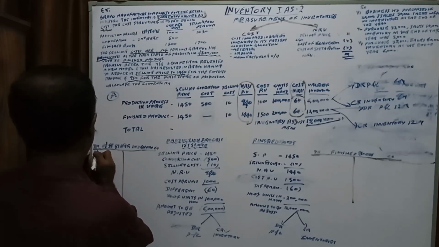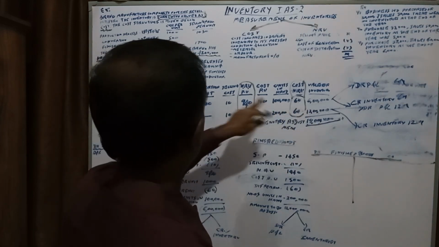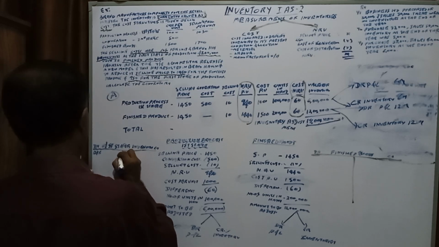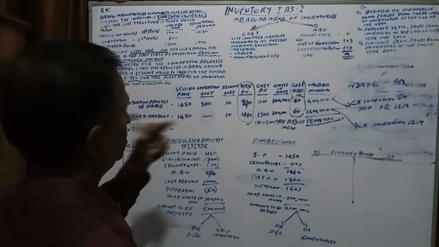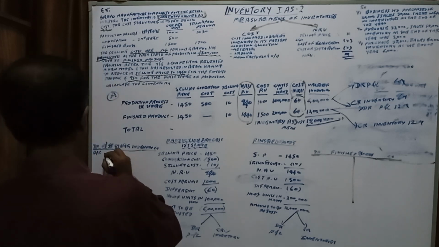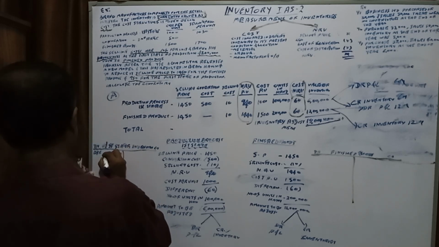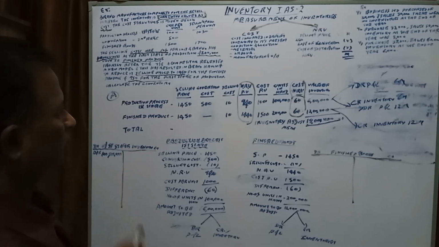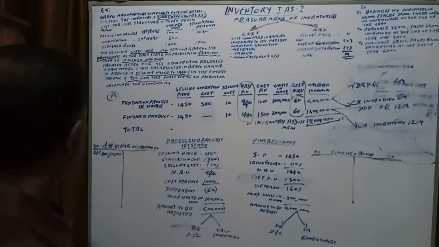The brought forward balance is 100,000 into 1000, which is 100 million.